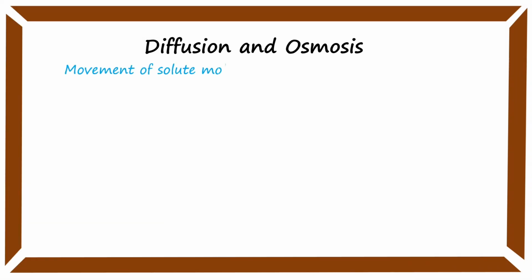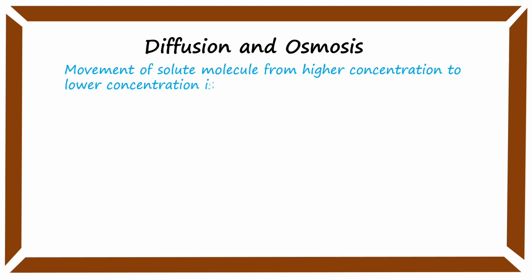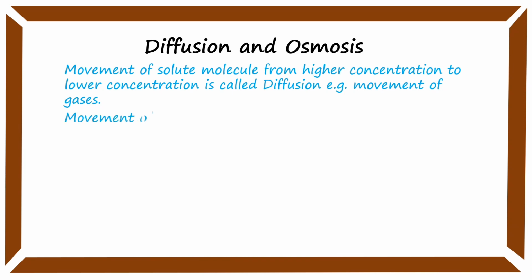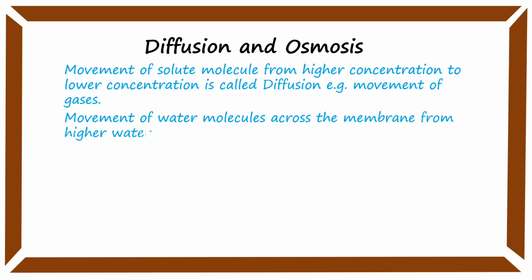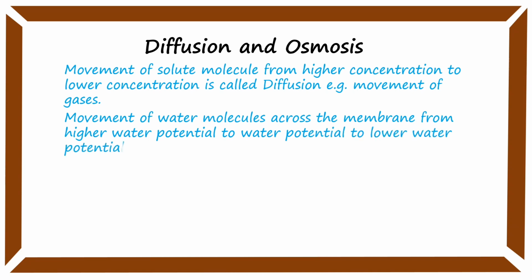Diffusion and osmosis. Movement of solute molecules from higher concentration to lower concentration is called diffusion. Example: movement of gases. Movement of water molecules across the membrane from higher water potential to lower water potential is called osmosis.